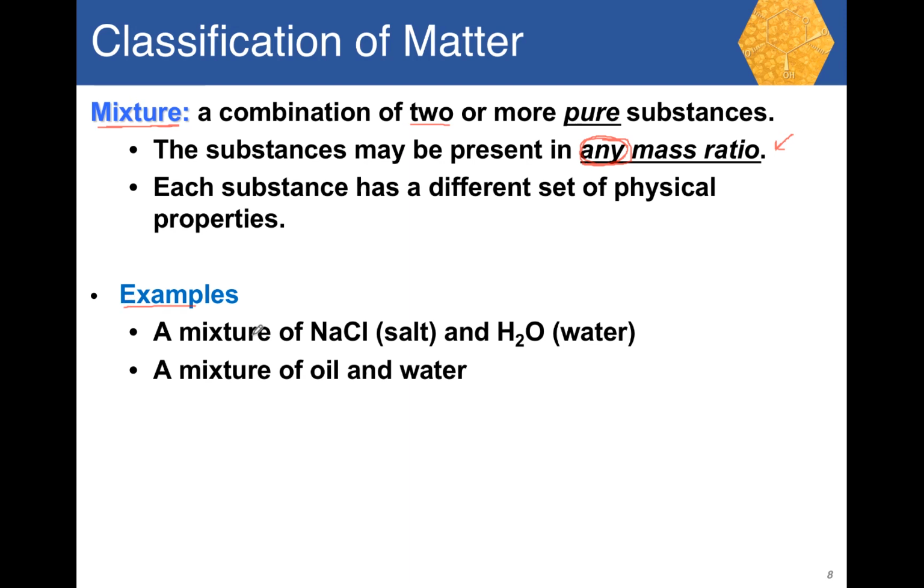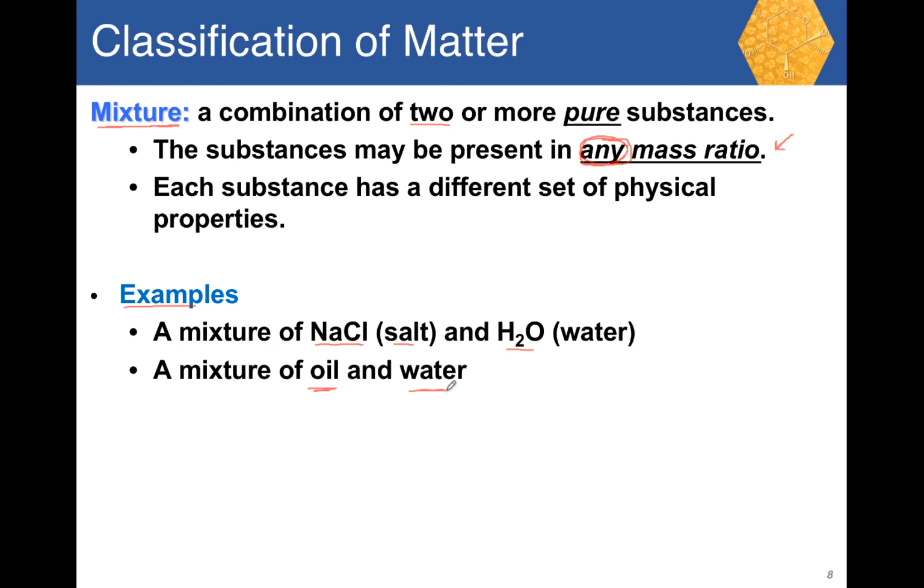Examples. A mixture of sodium chloride, salt, and water is a mixture. Or, let's state it differently, a combination of sodium chloride and water is a mixture. A combination of oil and water is a mixture.